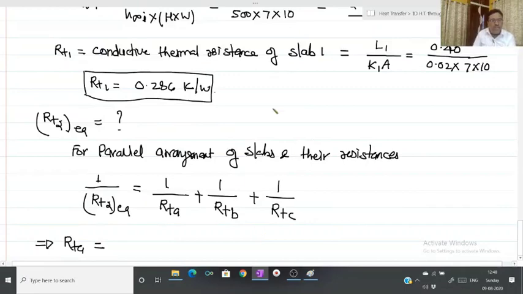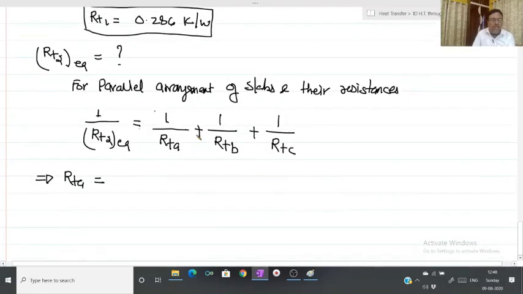So RTA will be, since the thickness of all the materials is the same, L2 over K2, its thermal conductivity, into the area of material A. L2 is nothing but 0.30 meter.